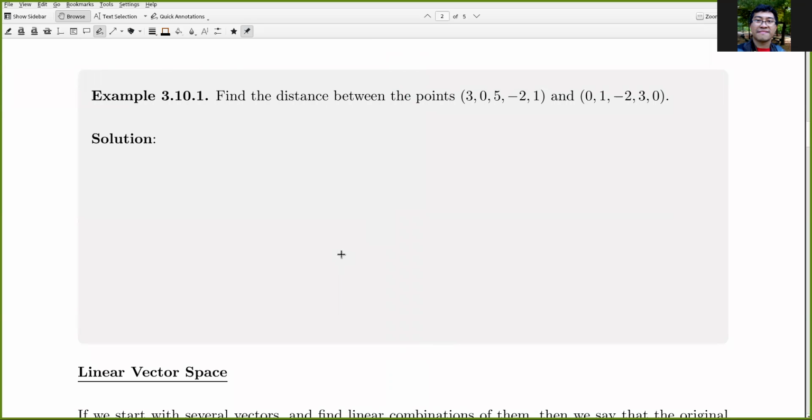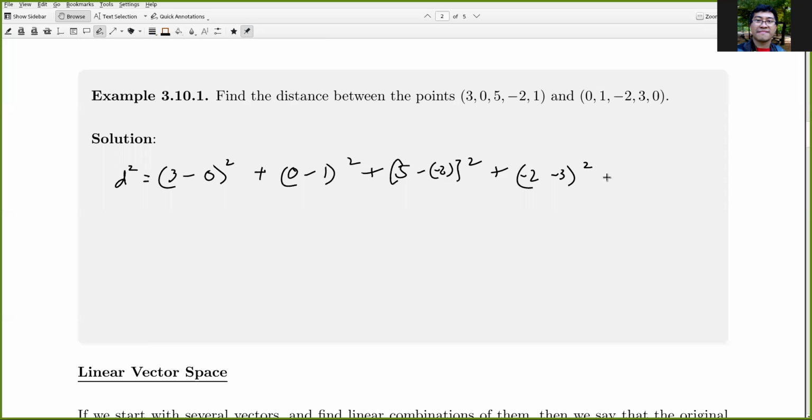Example, find the distance between the points (3, 0, 5, -2, 1) and (0, 1, -2, 3, 0). So the distance squared is just, let's say we take the difference of corresponding components, (3 minus 0) squared plus (0 minus 1) squared plus (5 minus negative 2) squared plus (negative 2 minus 3) squared plus (1 minus 0) squared.